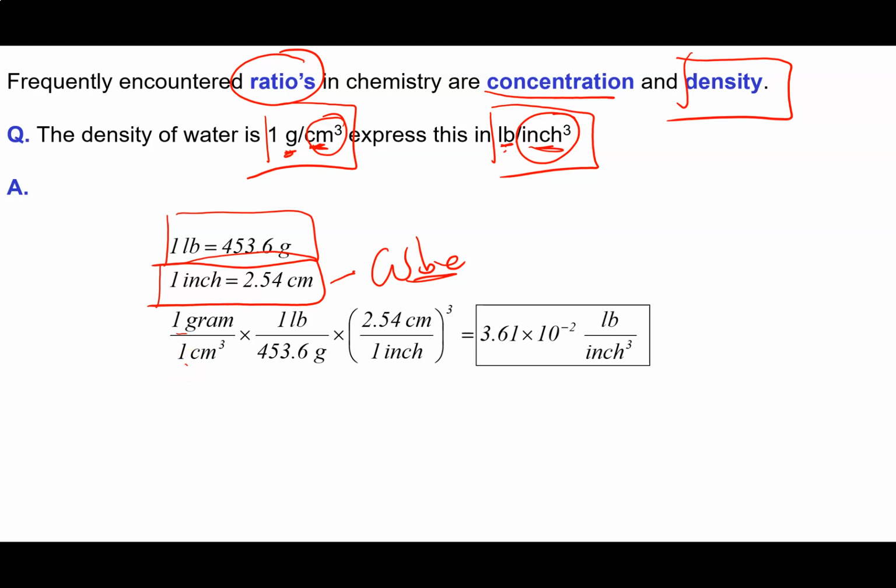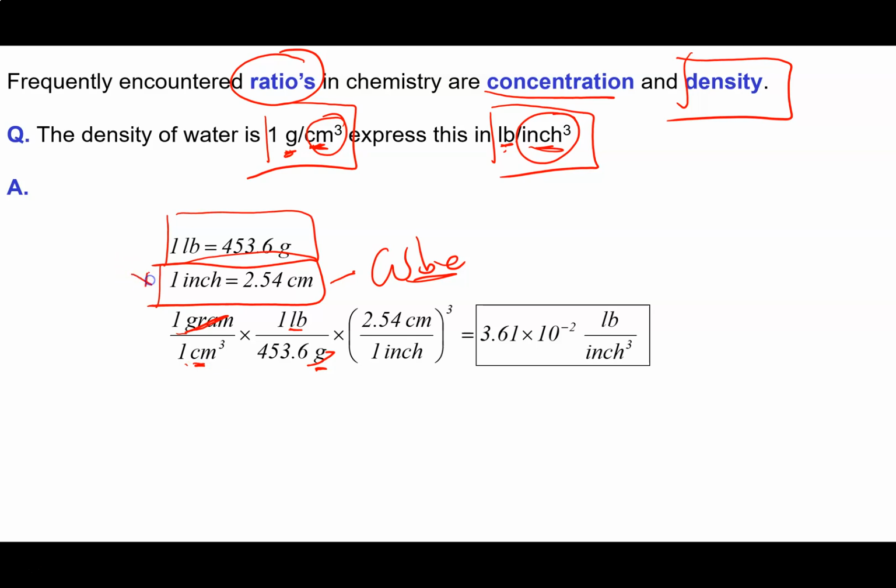And I'm just going to convert the top line first. So I need, in my conversion factor, grams on the bottom line and pounds on the top line. And from my equality, I got 1 pound for every 453.6 grams. So grams is going to go. And then now I need to get rid of my centimeters and turn them into inches.